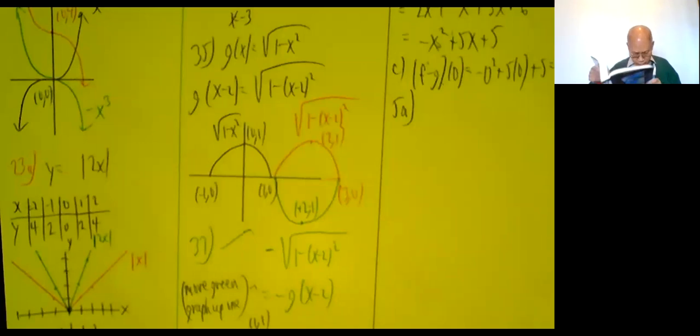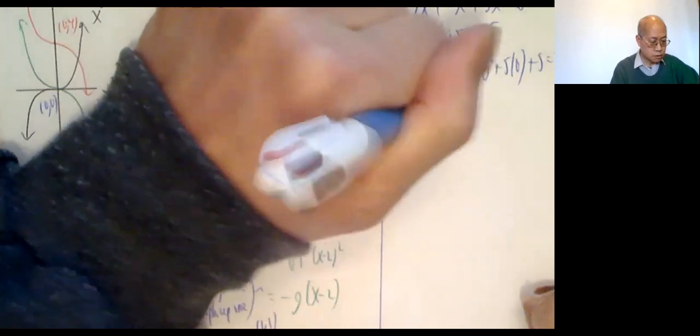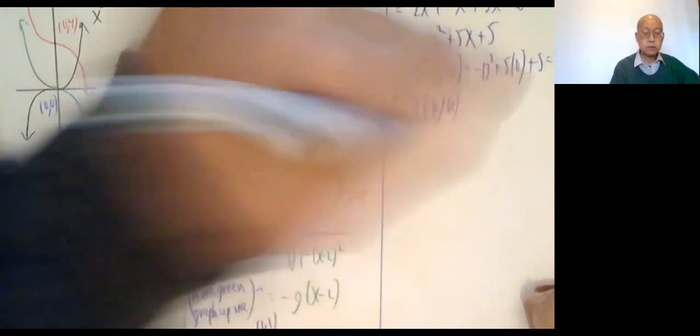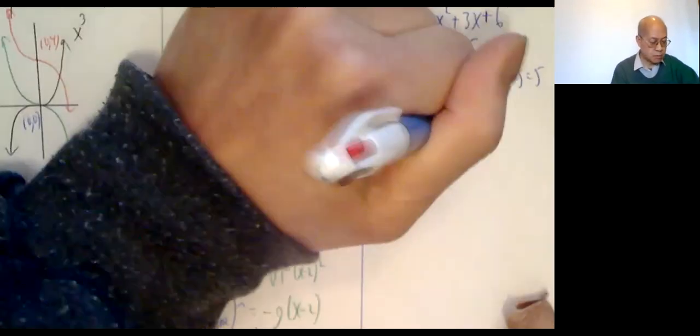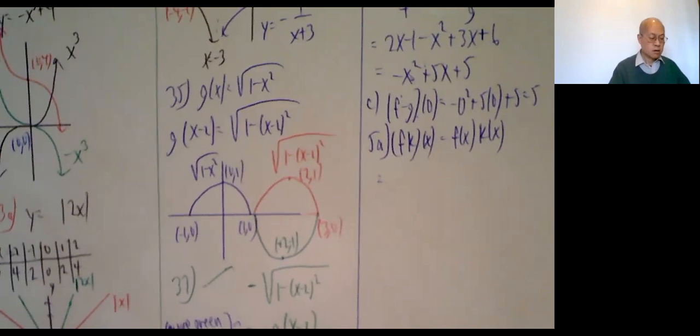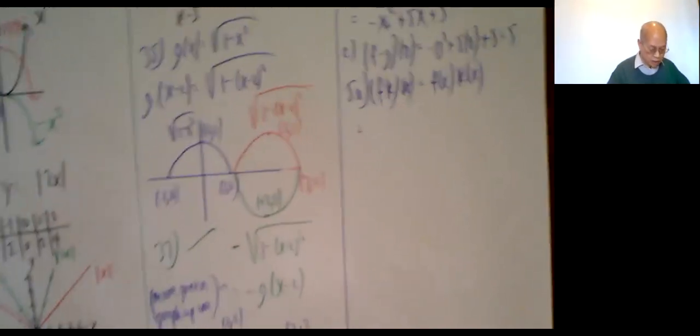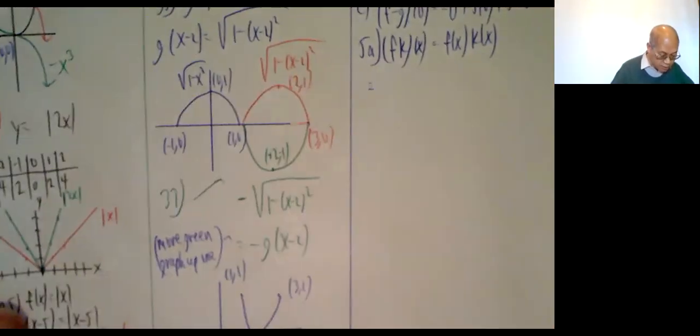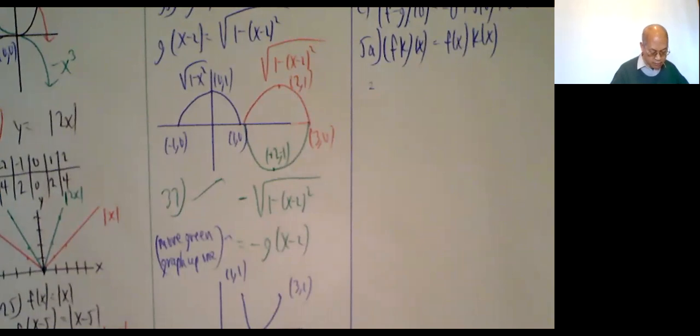So 5, fk of x. It means you multiply them. Oh, we just did f, right? That was 2x minus 1, wasn't it? That didn't change.